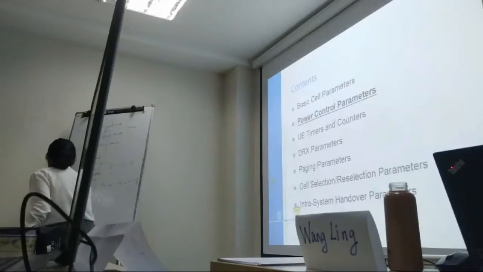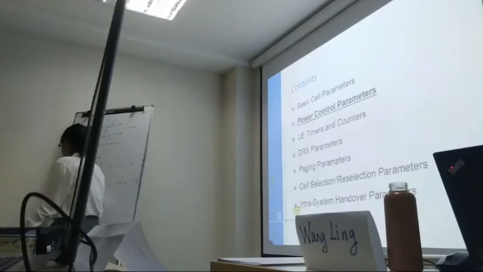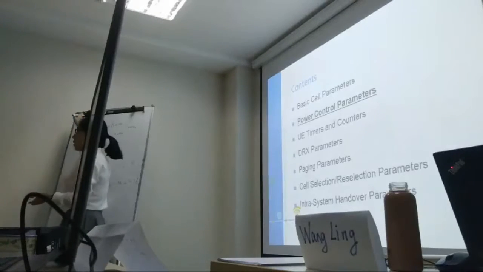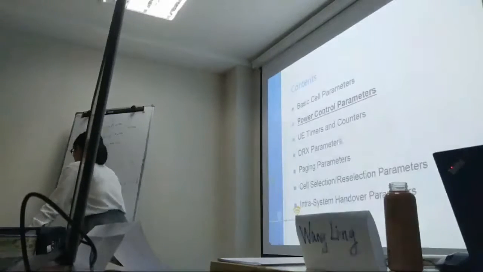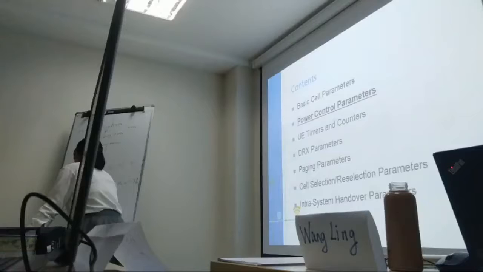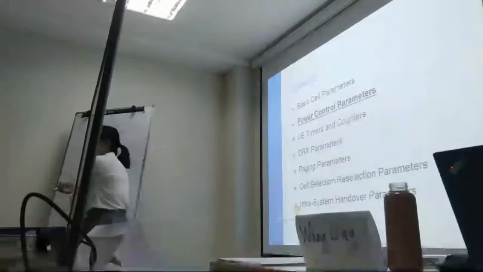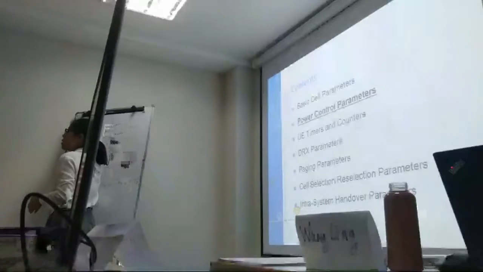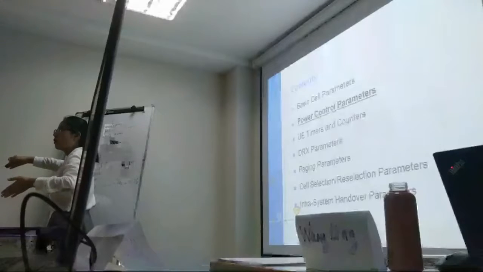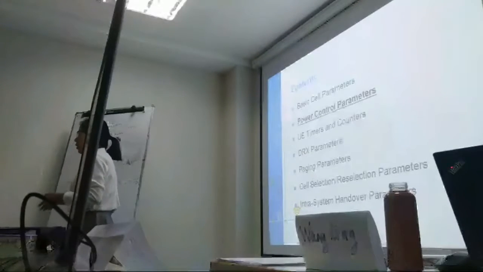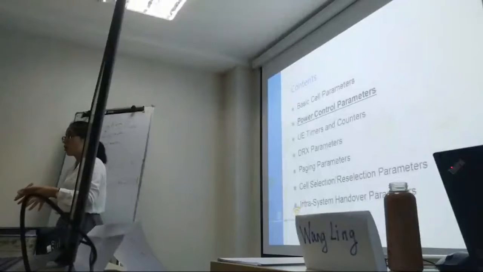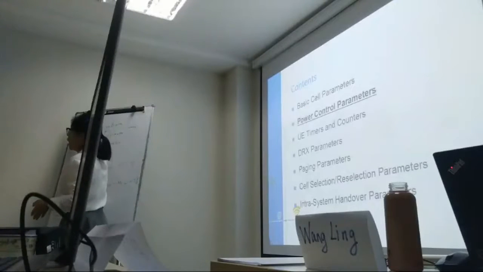If the primary cell cannot meet the guaranteed bit rate or the maximum aggregated bit rate, I will activate the secondary to extend the bandwidth. If you have a GBR service and you cannot meet the GBR service requirement, I will activate.